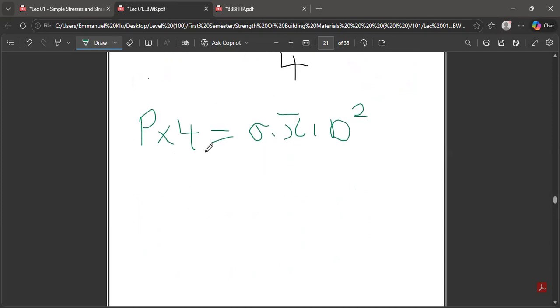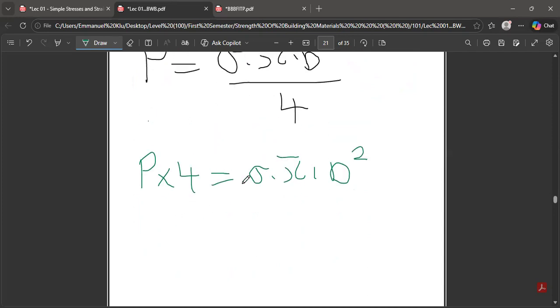You realize that we are left with this relation. So we just have to make D the subject. This is going to give us 4P. Always remember to write the numbers before you write the alphabet. 4P equals stress times pi times the diameter squared.